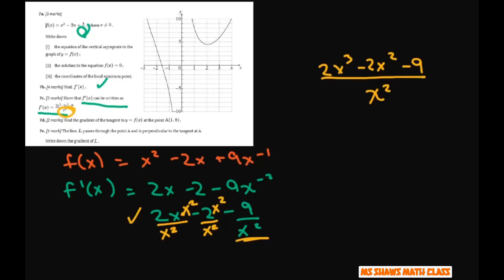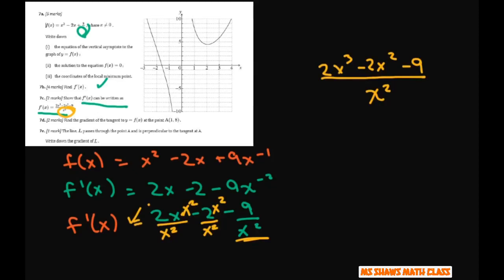All right. Now it says find the gradient to y equals f of x at the point 1, 0. So for 1, you're going to take your derivative, which we have here, and plug in 1.